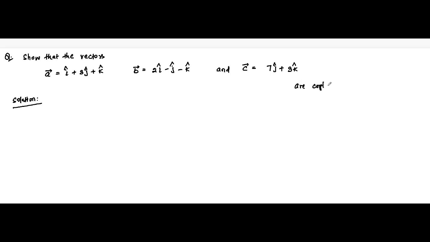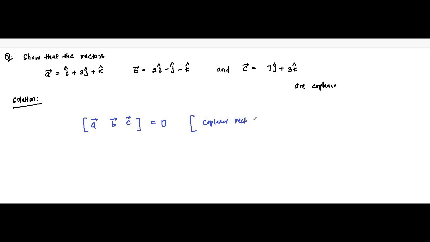We have to follow the definition, which means if the scalar triple product of a vector, b vector, c vector is equal to 0, then the vectors are coplanar.